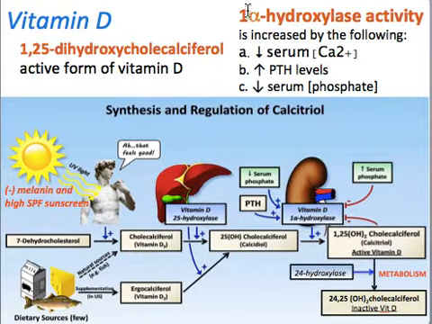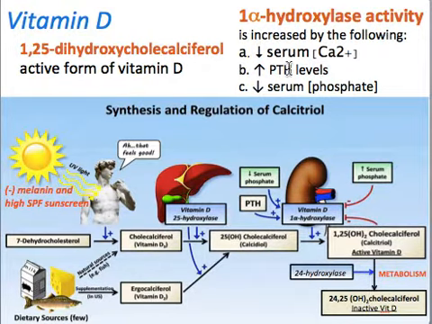dihydroxycholecalciferol. Now, your 1-alpha hydroxylase activity is increased by the following factors. If you have a low serum calcium, your 1-alpha hydroxylase activity is activated in order to facilitate calcium reabsorption.